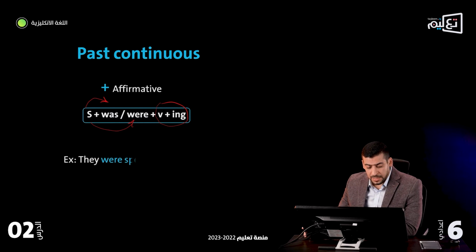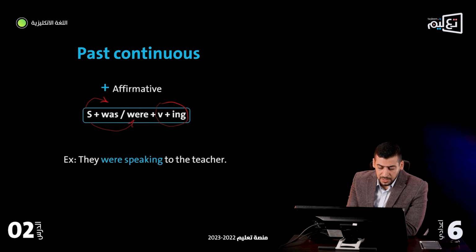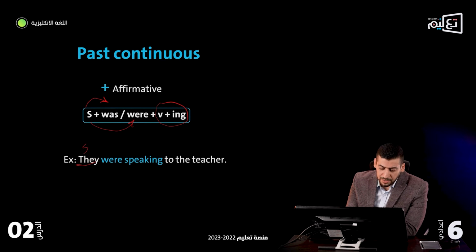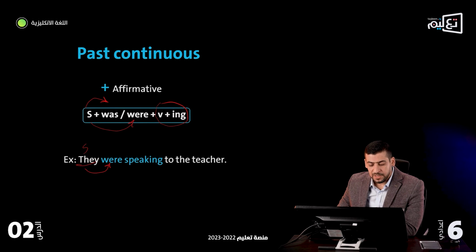Example, they were speaking to the teacher. As you can see here, we have a subject in a plural situation. So it took were, exactly. Then the V combines with the ing to make it a continuous action, speaking to the teacher. Another example, she was speaking to the teacher.